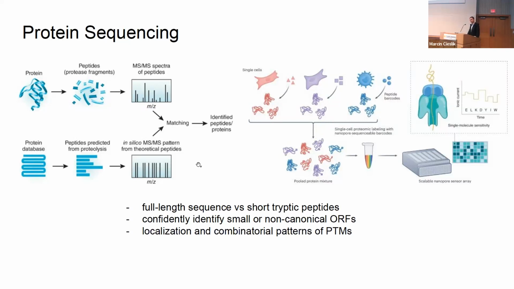I think this will really revolutionize how we approach studying proteomes, because currently our way of dealing with proteins through mass spectrometry is really to match spectra of short peptides to a database. Once we sequence, we don't need to do the matching. We can actually learn the sequence of the peptides directly.